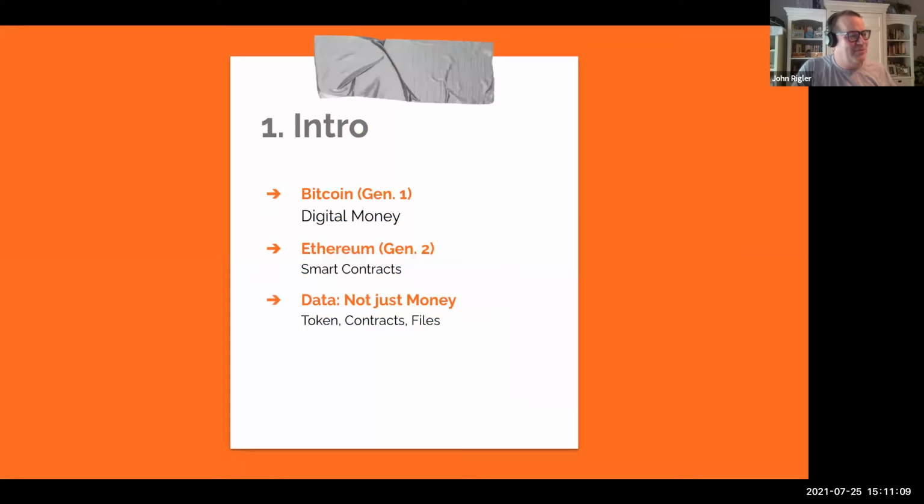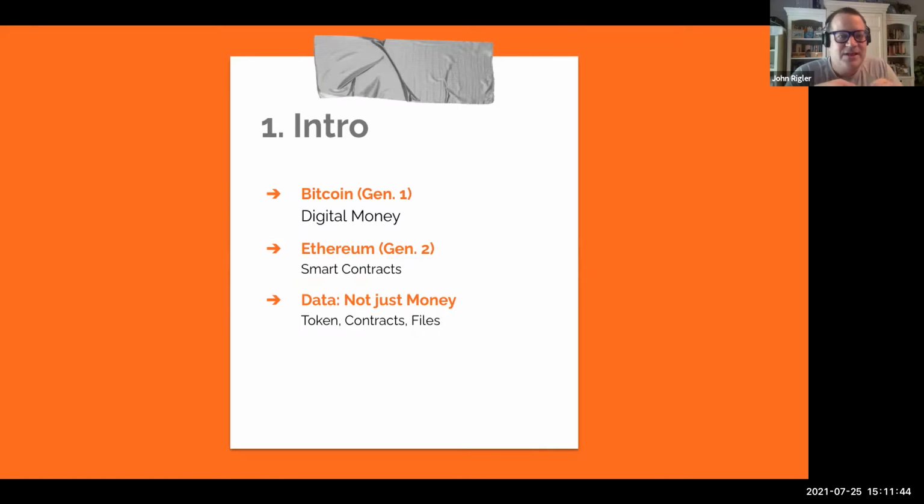Then I'm going to talk about three different parts. First is Bitcoin, and that is money, right? It's digital money. The second thing that happened was a new version of Bitcoin arrived on the scene, called Ethereum. And that became more of a digital programming language, so people could do all sorts of stuff.